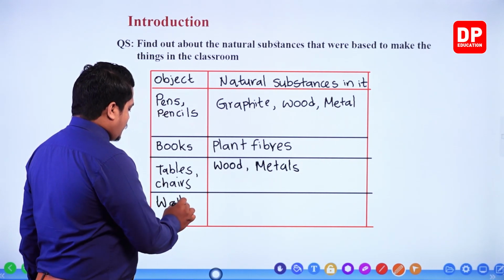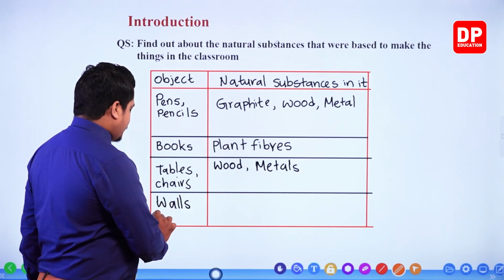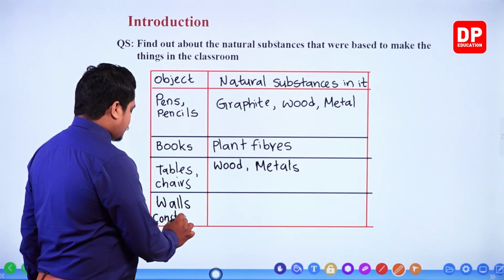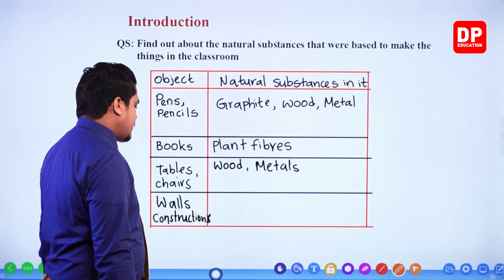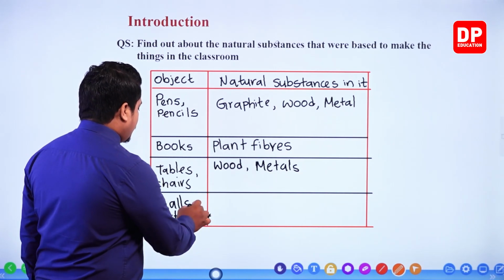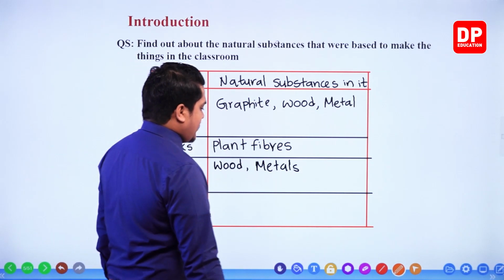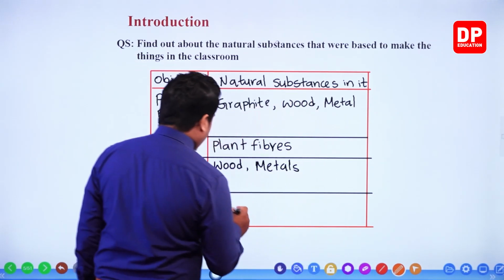Walls and other constructions. Walls and other constructions can be seen. So in making these things, we use cement.